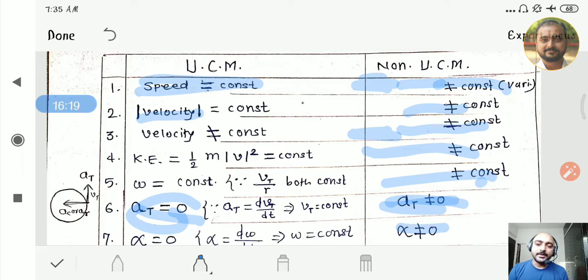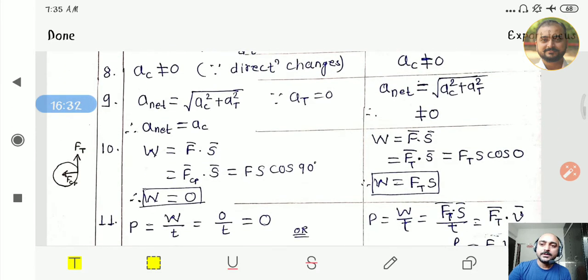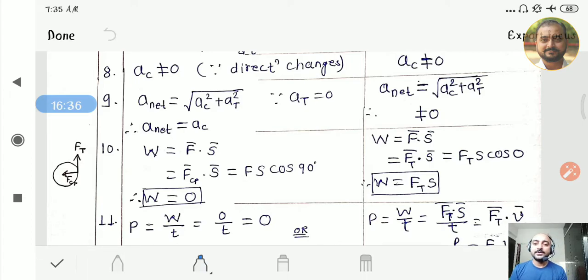In the case of angular acceleration, again we can say alpha is not equal to 0. Okay, so about the centripetal acceleration. In case of both, centripetal acceleration is never equal to 0, having a non-zero value whatever it may be.